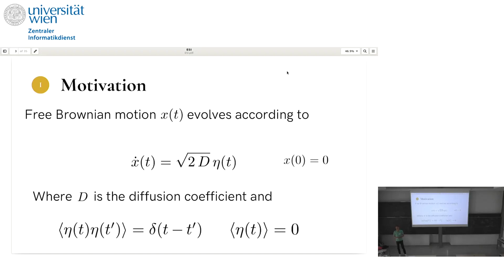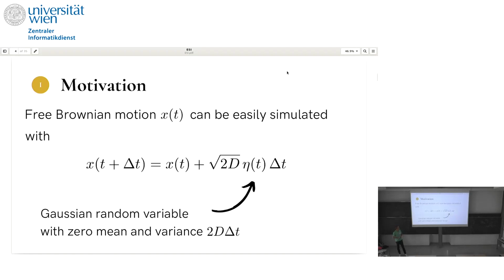Generating one-dimensional Brownian motion is easy to do on the computer. One discretizes the equation, and then the position at time t plus delta t equals the previous position plus a Gaussian random variable with 0 mean and variance 2D delta t. Letting delta t go to 0, we converge to Brownian motion.